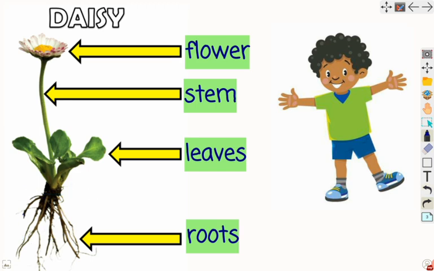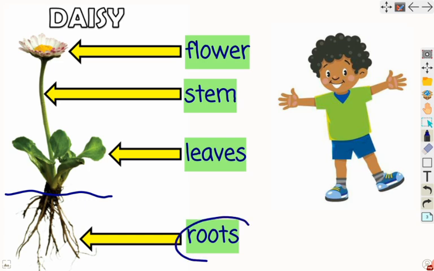And here we've got the leaves. Can you repeat? Leaves. Very good. So we've got roots. Very good. Leaves. Excellent. Here we've got stem. Stem. Fantastic.